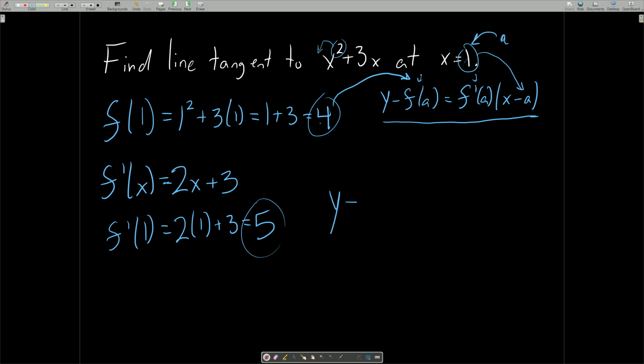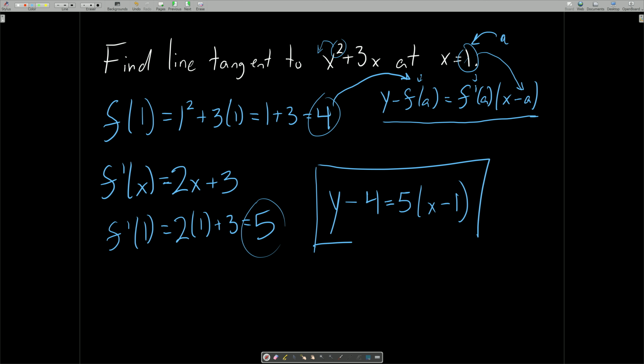F of a, we got that to be 4. F prime of a, that's 5. And the a value which it gave us was 1. This is the answer. This is the tangent line to x squared plus 3x at x equals 1.